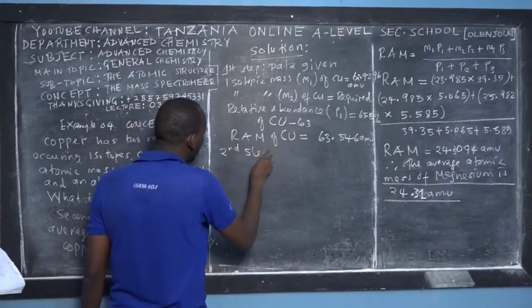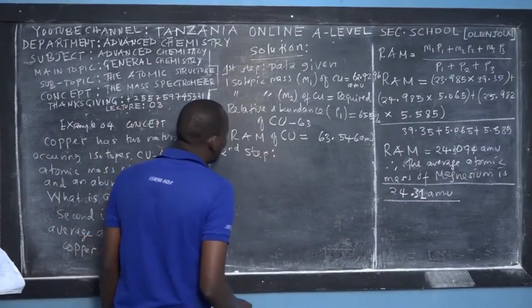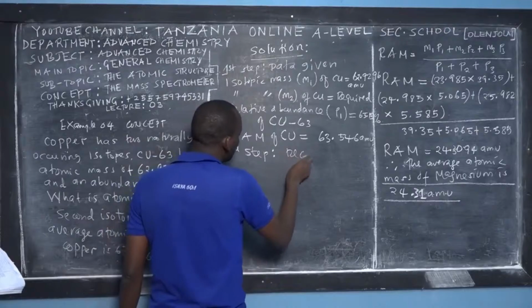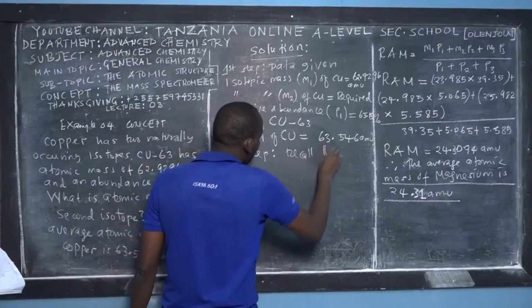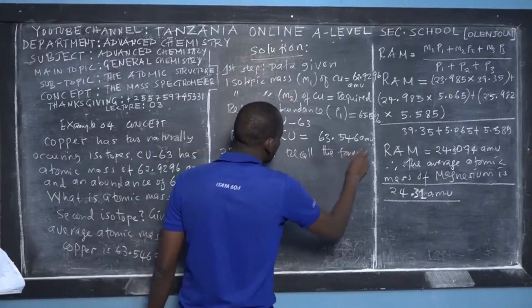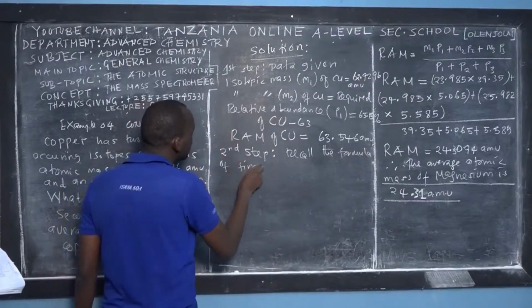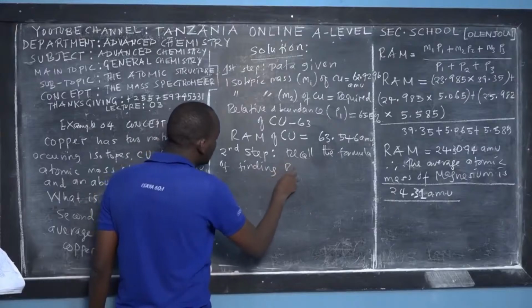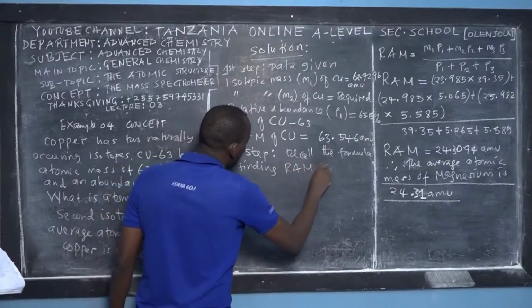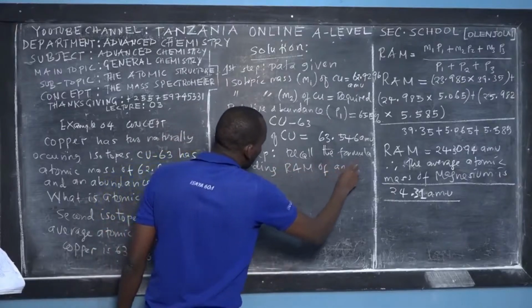Now we are going for the second step. The second step, we say, recall the formula for finding the relative atomic mass of an element.